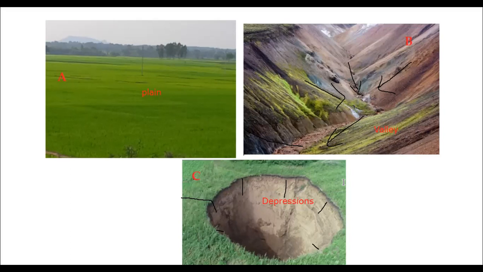Sometimes, in some volcanic areas, you can have the top of the volcano collapsing and creating an even larger depression. But this depression that we have here is not a depression associated with volcanic activity. It's actually a limestone depression.